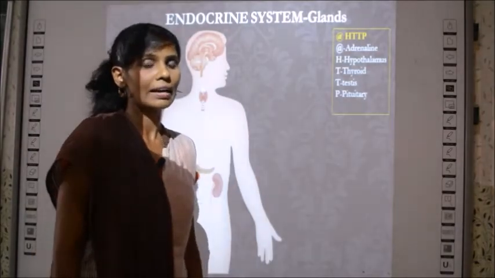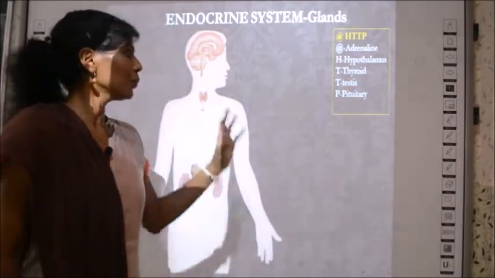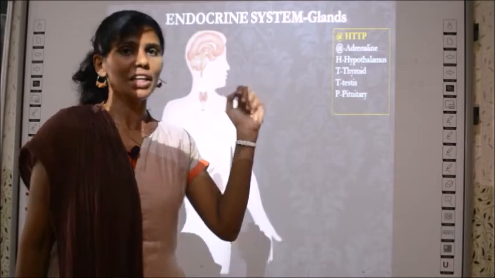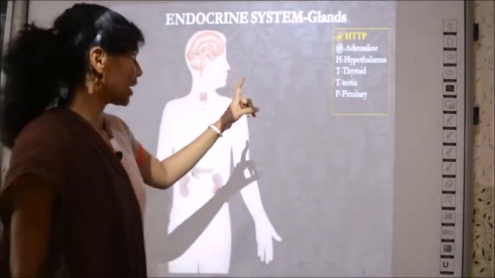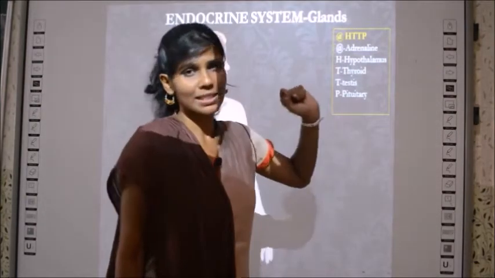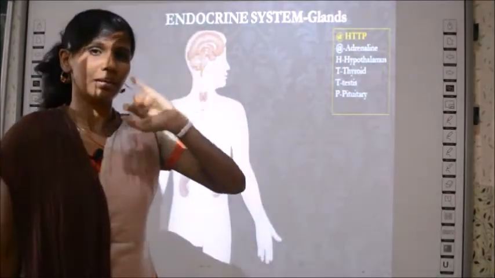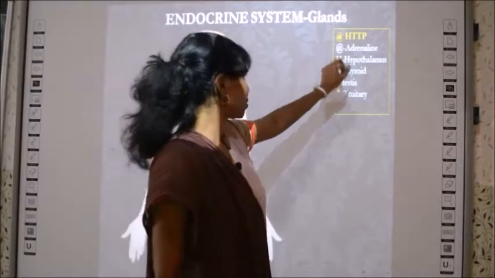What is HTTP? It's a transfer protocol, right? So with this you can remember the names of the glands. It's easier for you to remember. A resembles A, right? So you can call it adrenaline. A for adrenaline.